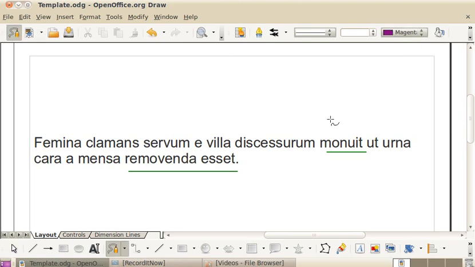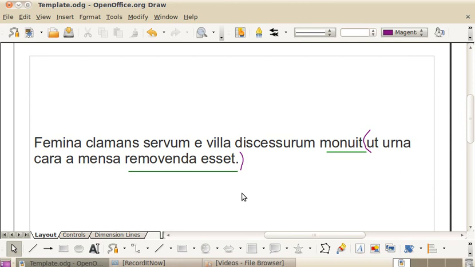Manuit, we don't see any information subordinating this verb, but notice that we have ut right after manuit, and ut often functions with verbs in the subjunctive to create subordinate clauses: clauses of purpose, result, and indirect commands. So I'm going to put ut urna cara a mensa removenda esset between brackets here, telling me that this is a subordinate idea and one that I don't have to worry about just yet.